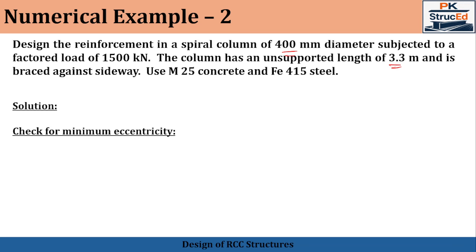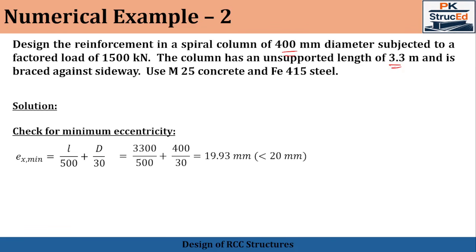Now, we need to check the minimum eccentricity condition. The previous case was a rectangular column, therefore the eccentricity was checked in both directions. But now the case is a circular column, in which one is sufficient. The minimum eccentricity is 1/500th of the unsupported length plus 1/30th of the diameter of the column.